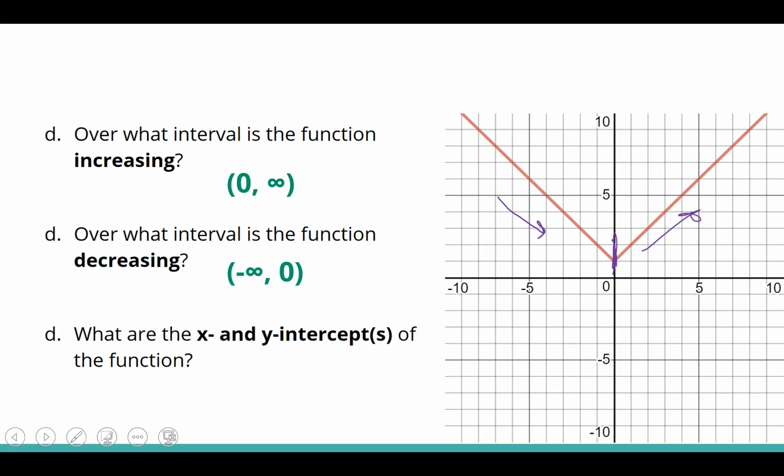How come we're not equal to 0 on any of these? Because I'm not sure, to be honest. What do you think? Because we're not moving at 0. So for increase and decrease, where is my graph moving down? Where is my graph moving up? My graph is increasing, which means moving up, from an x value of 0 going to an x value of infinity.